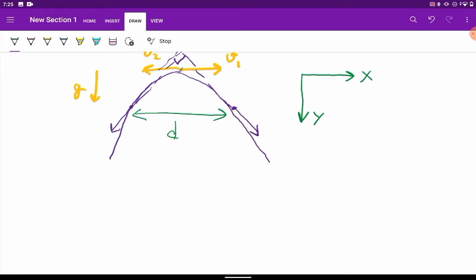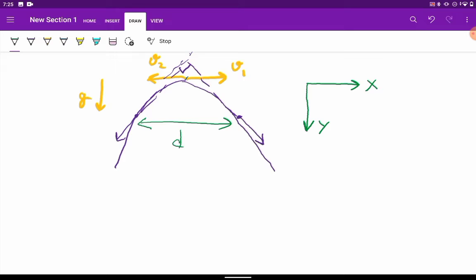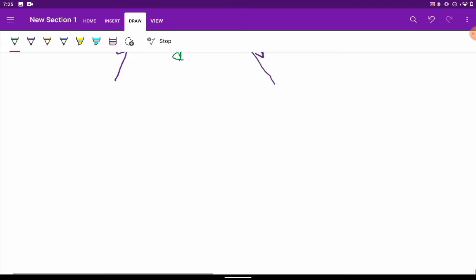Okay, so let's find out, at any time instant t, what their velocities would be. In general the horizontal velocities won't change because there is no horizontal acceleration. Since there is vertical acceleration, the vertical velocity will change with time. Okay, so let's consider particle 1.